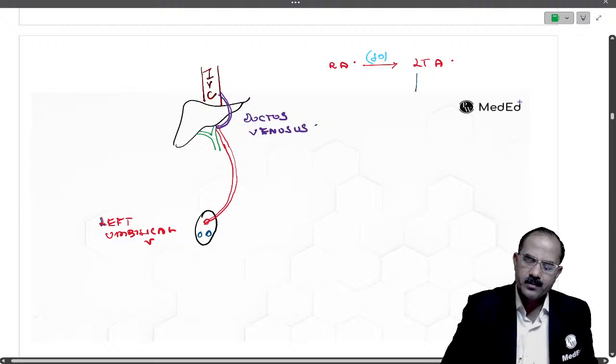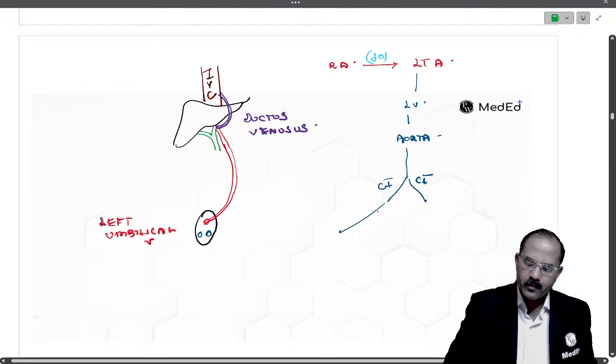From the left atrium, the blood goes to the left ventricle. From the left ventricle, it goes to the aorta. The aorta divides into two common iliacs. The common iliac further divides into an external iliac and an internal iliac.